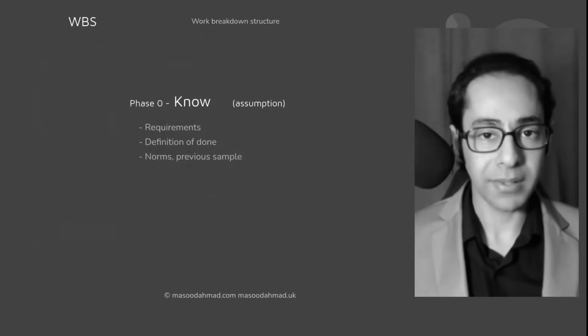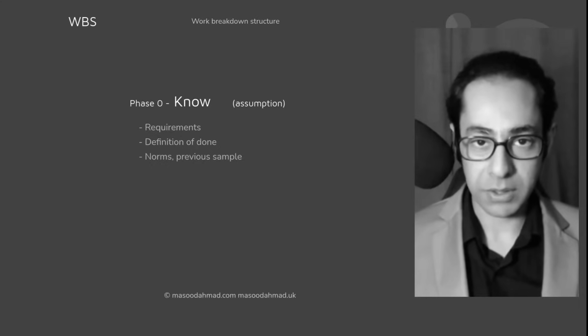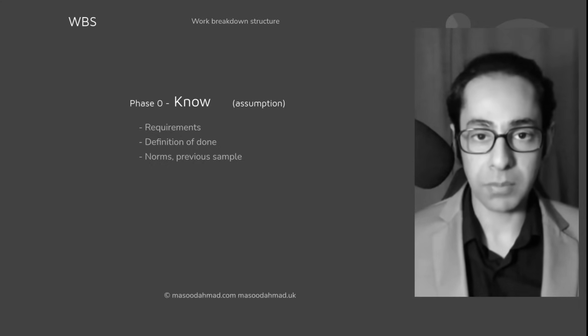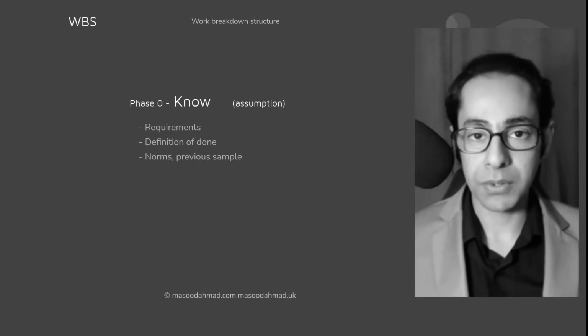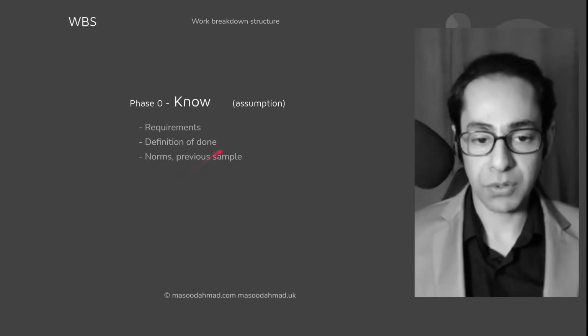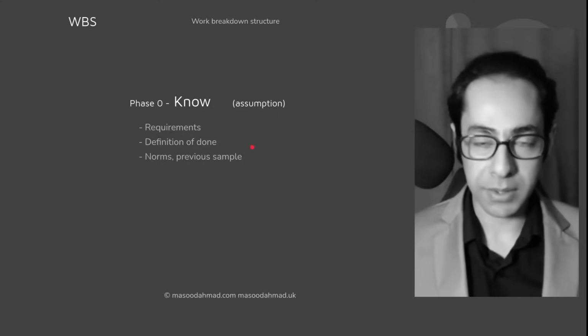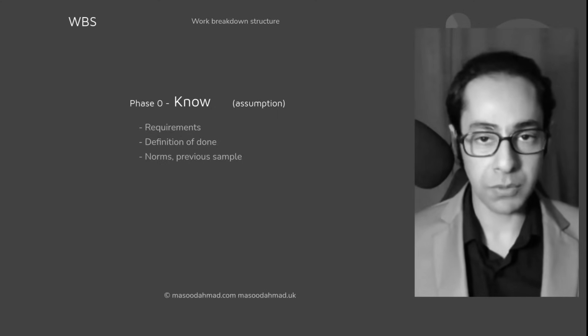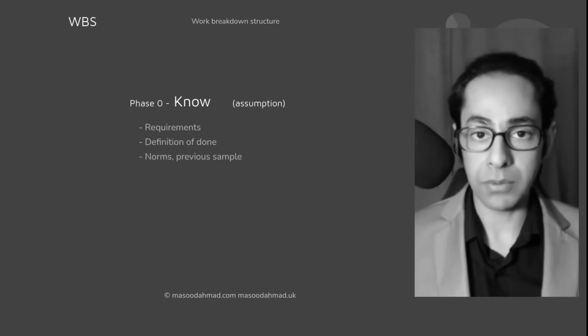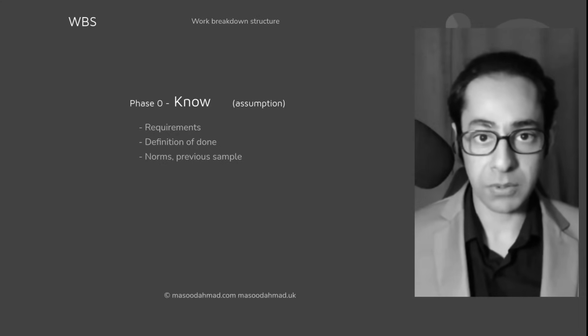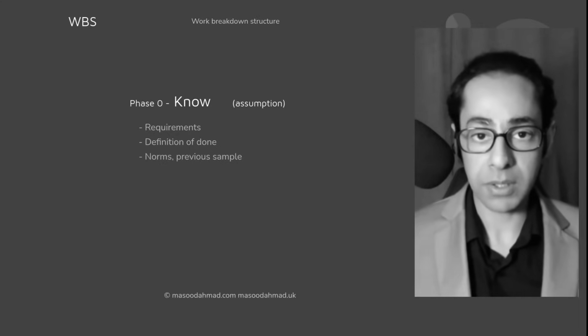Of course, it's implied that you would know the requirements of the project before starting the WBS, but you should also know the definition of done. Sometimes you know the requirements, but you're not sure of the quality or the norms of the company. Maybe you're new in the company, maybe you're new to the project, or the customer or the product owner is unfamiliar to you.